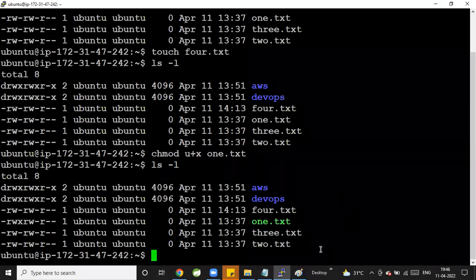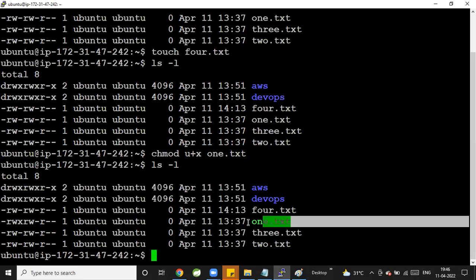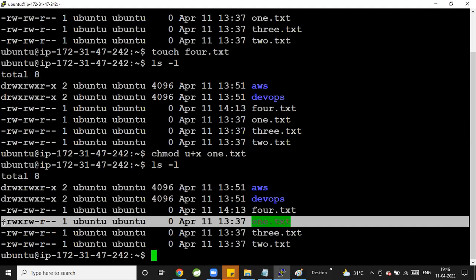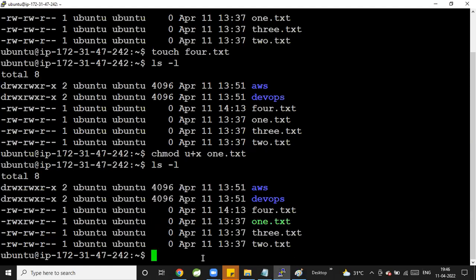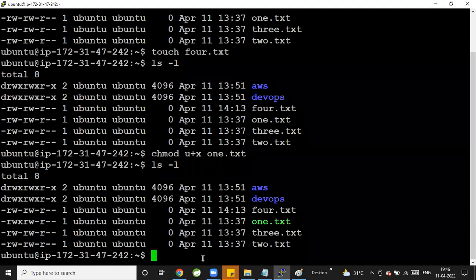Now, for others, I want to add write permission on the file. In 1.txt, I want to add the write permission for others. Can you tell me the command now? First, can you type the command in the chat?